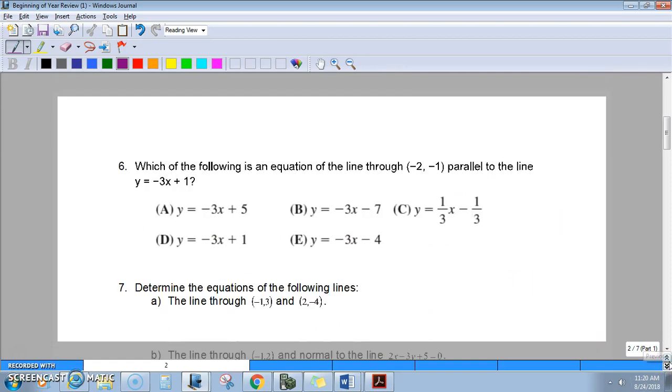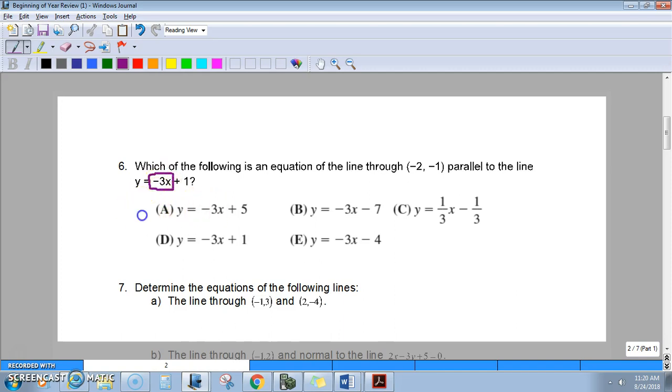Next, 6. Which of the following is an equation of the line through point -2, -1, parallel to the line y equals -3x plus 1? So we're looking for something that is y equals, and we're looking that it has the same exact slope here, -3.